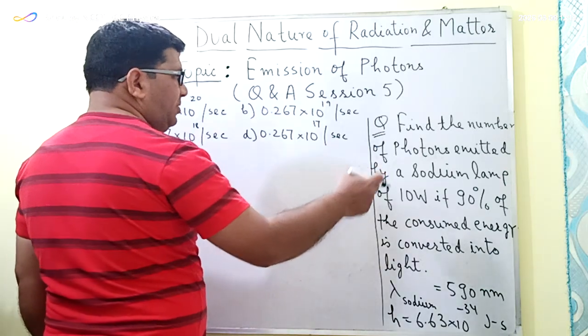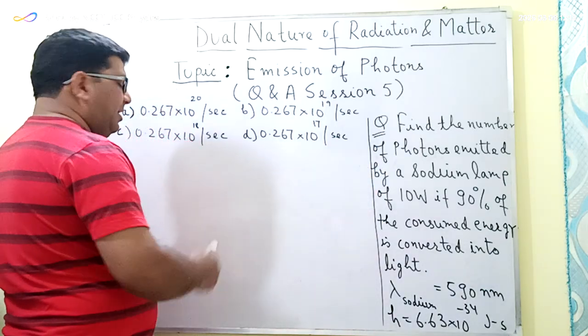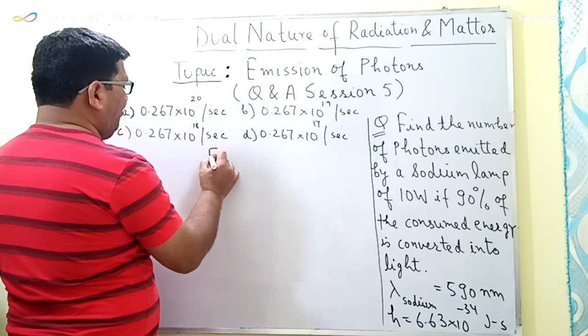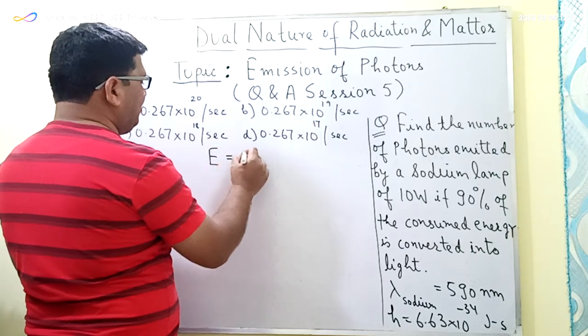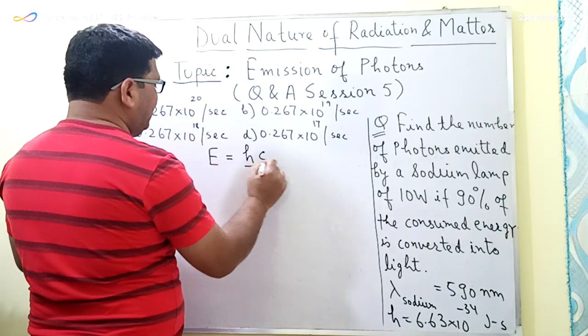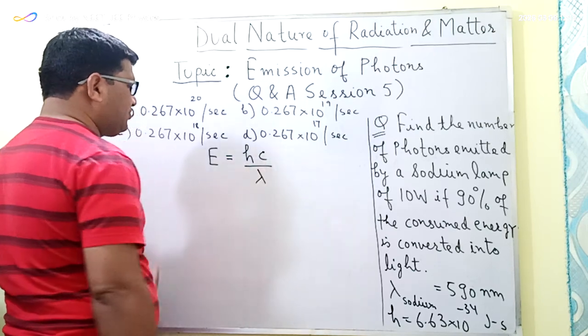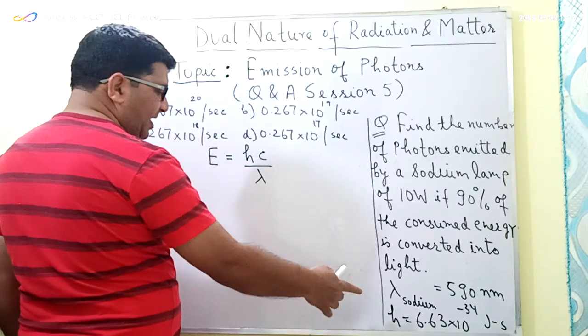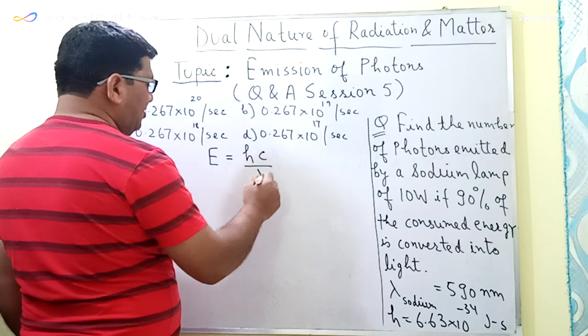In order to find the number of photons emitted, we will first find the energy of a photon, which is given by the formula E is equal to hc upon lambda, where c is the velocity of light in vacuum, h is Planck's constant, and lambda is the wavelength.